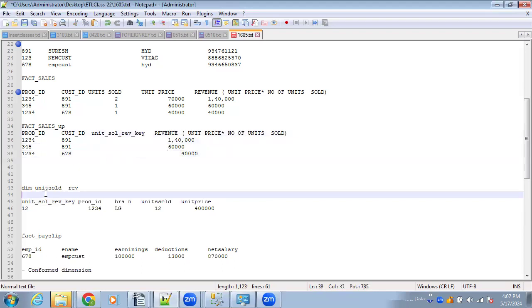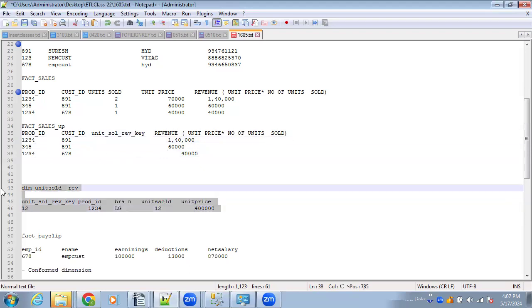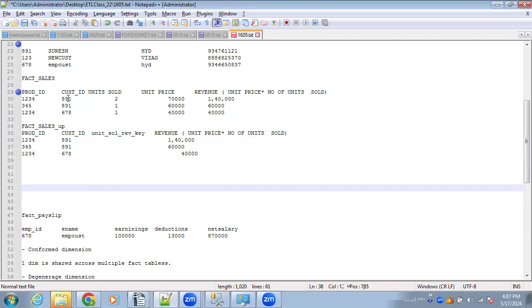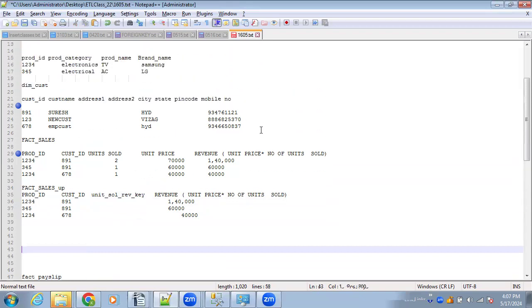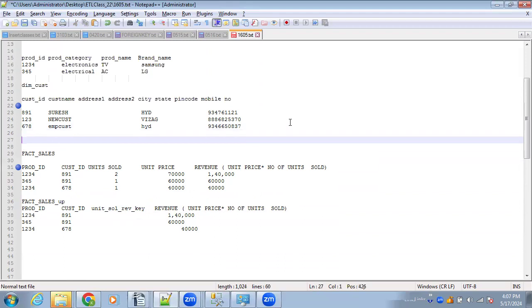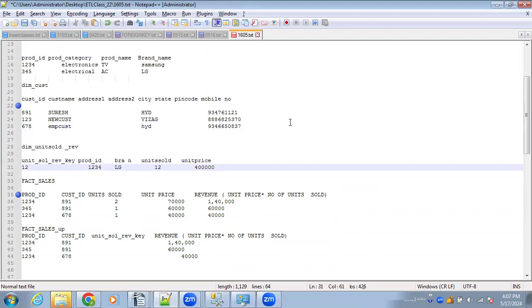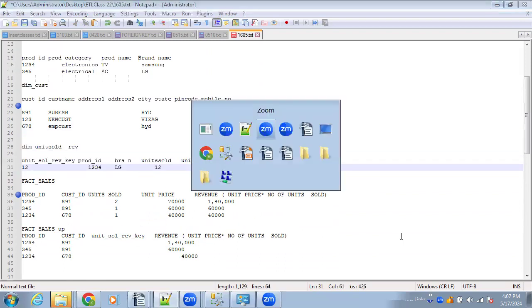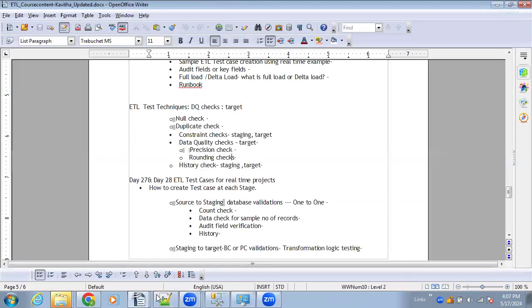Now this dimension table is linked with this fact table by using this key. Clear? So you can perform the joins and then you will have to link. That is a degenerative dimension. A dimension that is derived from the fact table, but it is not actually storing any kind of textual information. Okay. That is a degenerative dimension.